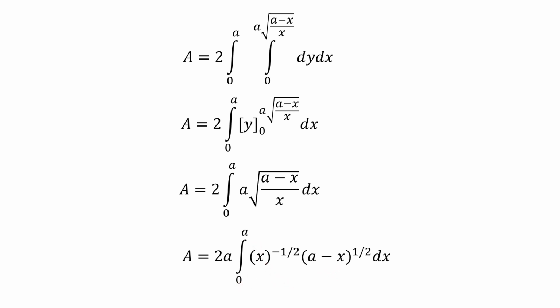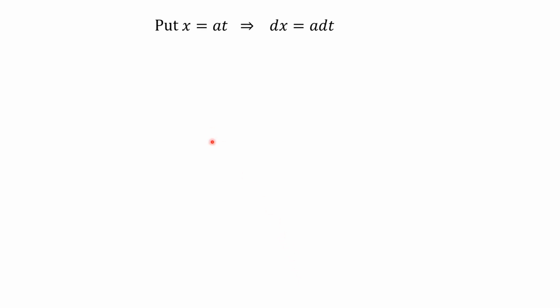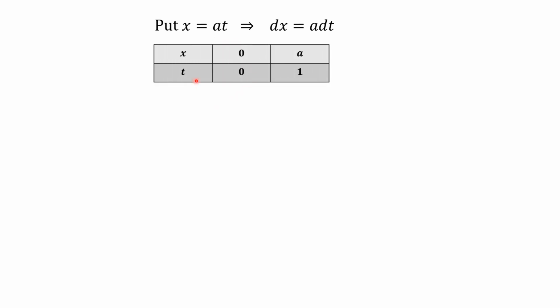So for that, we will make the substitution x is equal to at, which gives us dx is equal to a dt. Therefore, the new limits will be, as x varies from 0 to a, t varies from 0 to 1.